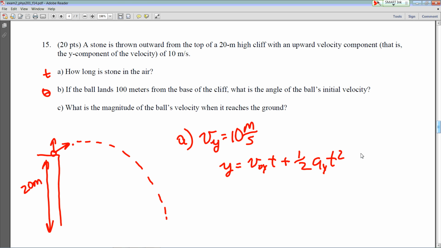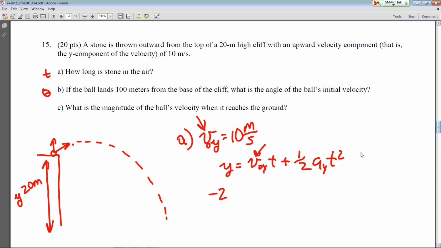The way you do that in these problems, you write down everything that you know. And then you can write your sets of equations over on the side and say, which equation would be best to solve this? And usually one will pop out. And here, since I know y, I know v naught y, that's this vy component, and I know the acceleration in the y direction, then I can solve this.